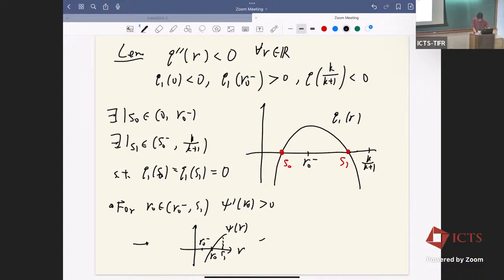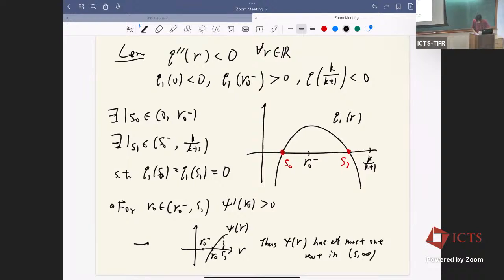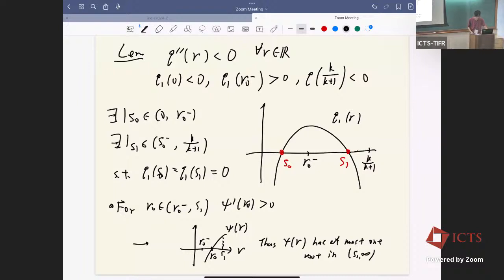So thus psi of r has at most one root in S1. Okay?